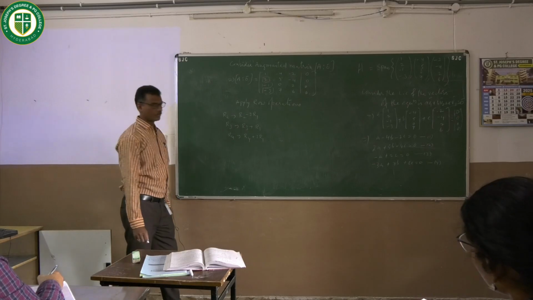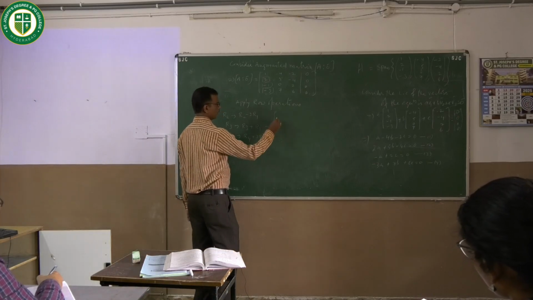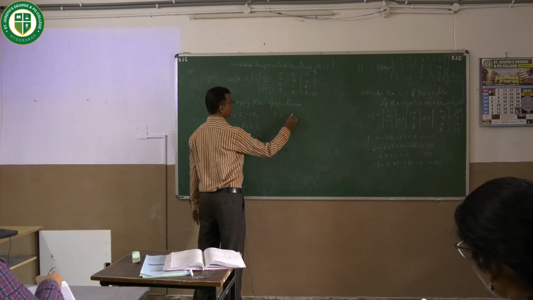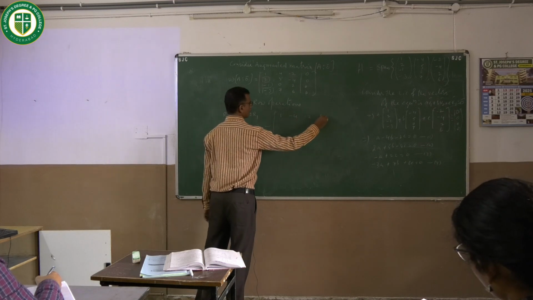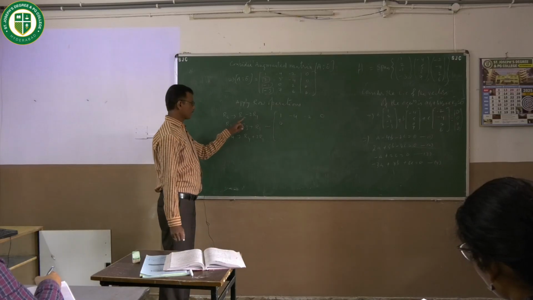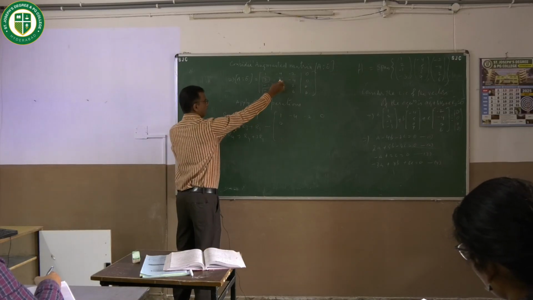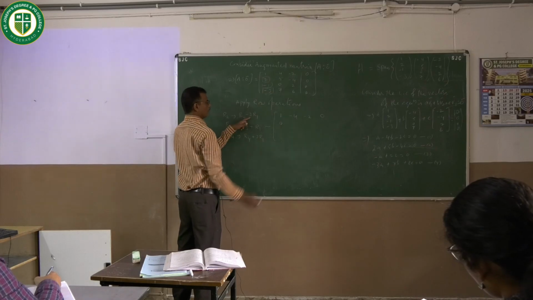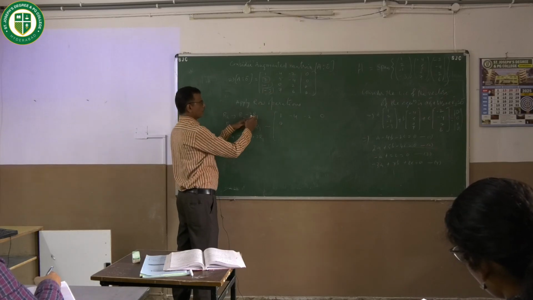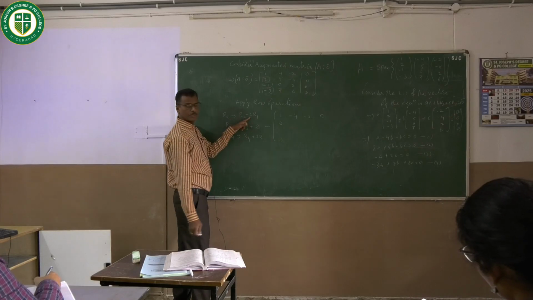So now similarly you write the matrix. First row, no change. Second row, 0 here. Why? Because R2 minus 2R1. Next in R2, here 5, 2 into R1, minus into minus plus 2 into 4, 8, 8 plus 5, 13.